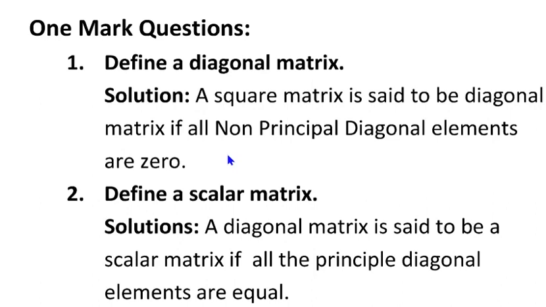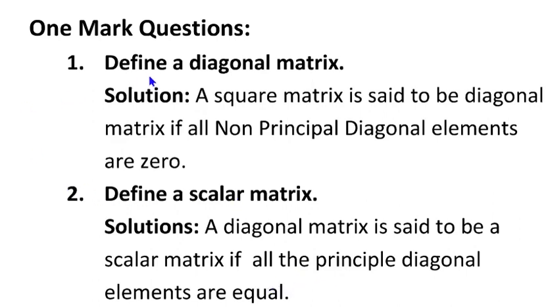And next one is define scalar matrix. It is a diagonal matrix in which all the elements in the principal diagonal are equal. That is, a matrix is said to be a scalar matrix if all the principal diagonal elements are equal.